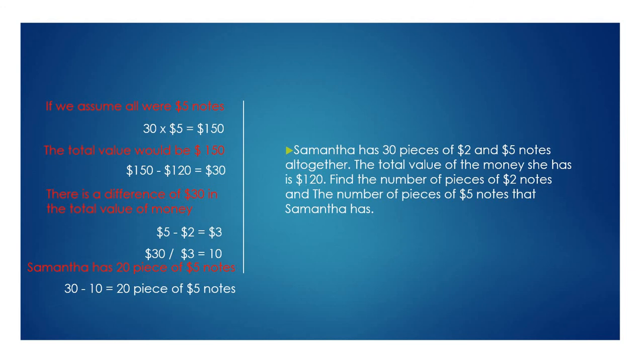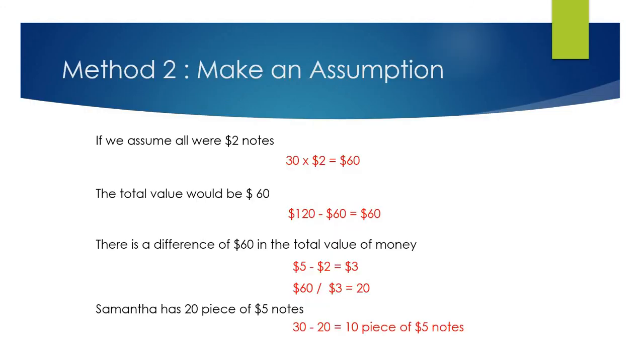So I'm going to do this problem in an alternative way. Instead of assuming that all the money were $5 notes, we're going to assume that all were $2 notes. So total 30 notes multiplied by $2 equals $60.